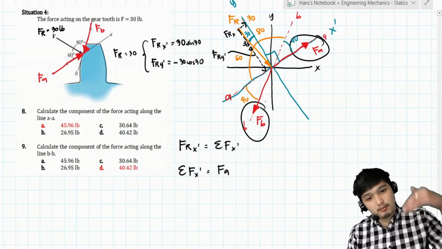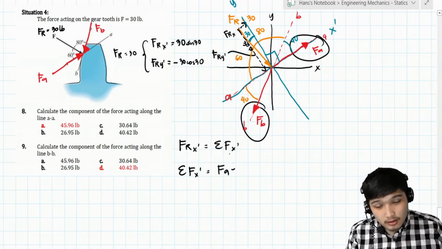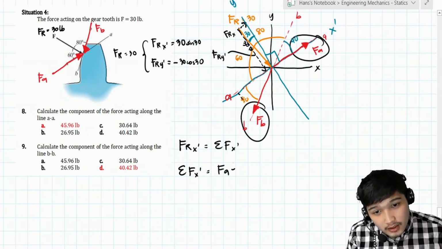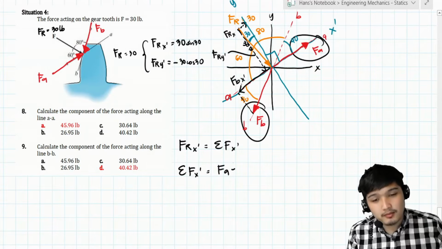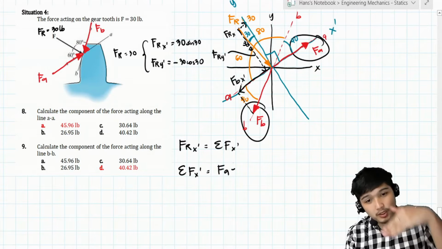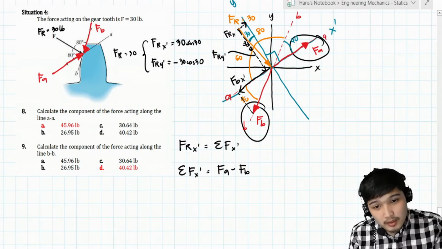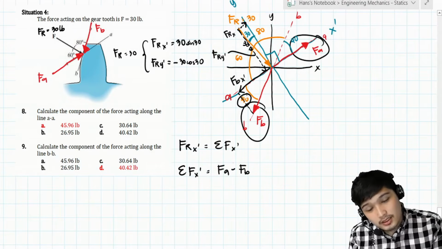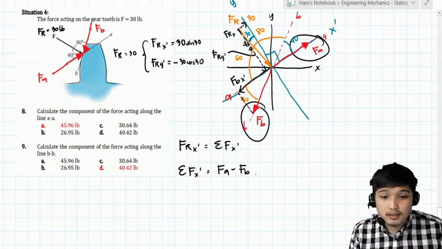FB is like this, so it is negative. Check this, class. This is its triangle, so this is FB x prime, and it is negative. So negative FB. With the given angle of 40 degrees, FB cosine of 40.